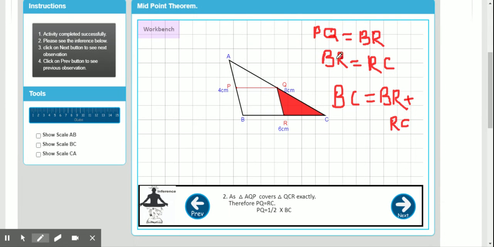So in place of BR, I'm going to use a different color here. In place of BR, I can write PQ, because BR is equal to PQ. And since BR is equal to RC, and BR is equal to PQ, in place of RC also I can write PQ. So I can write PQ plus PQ.